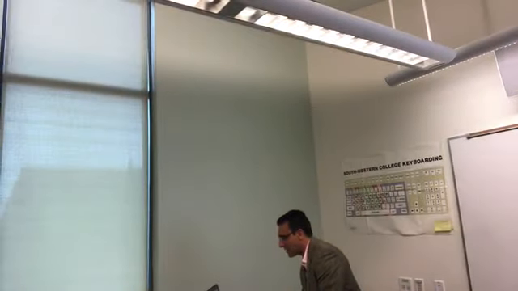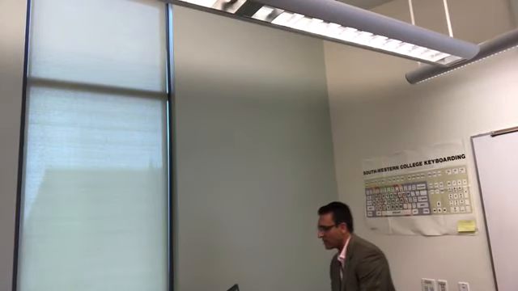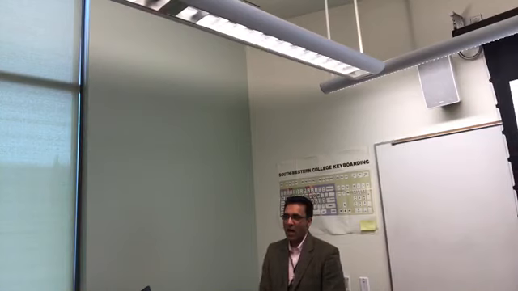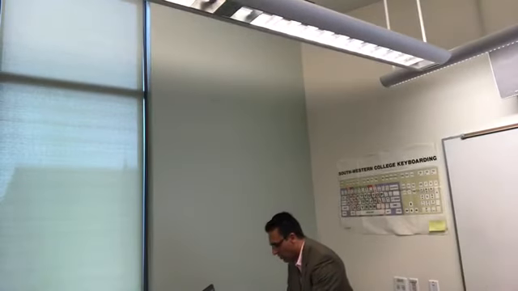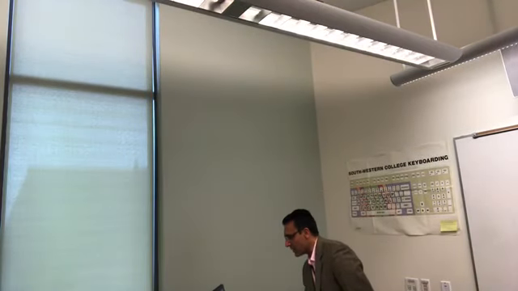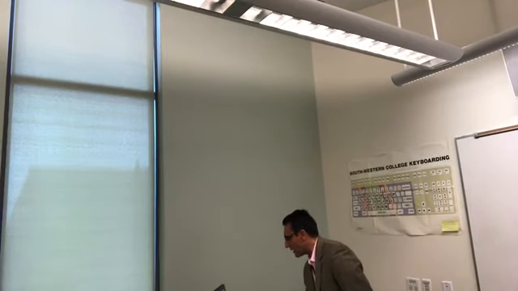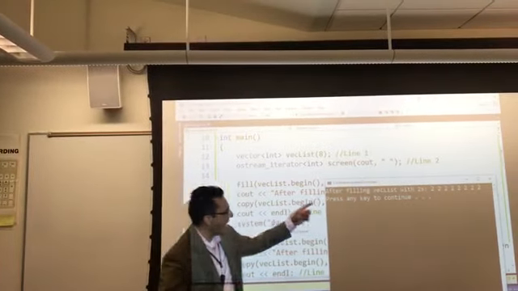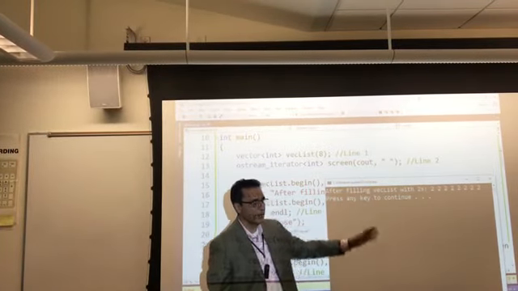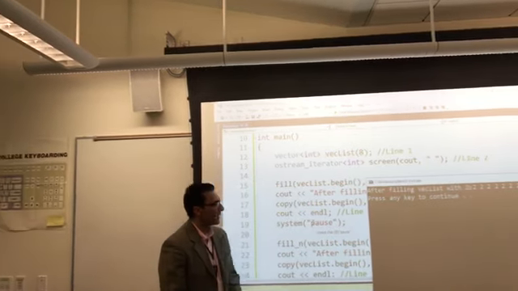And by the way, what is the size here? I started with size 8. So how many elements am I adding? I'm adding 8 of those elements with value 2. So you'll see 2 is added 8 times in that vector. So I'm calling the fill function to add 2 8 times. It allows you to fill your vector.